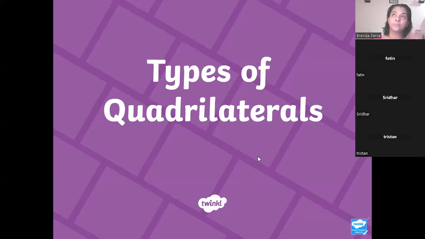Now, what are quadrilaterals? Okay, now the word quad. Can someone tell me what quad means? Quad means what? Let's see. Chat. Very good, Sridhar. Very good, Tristan. Quad means 4. Bi means what? Like bicycle.